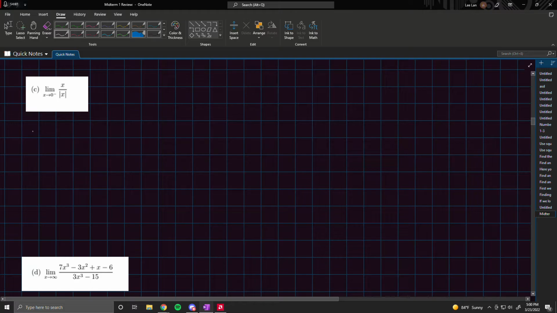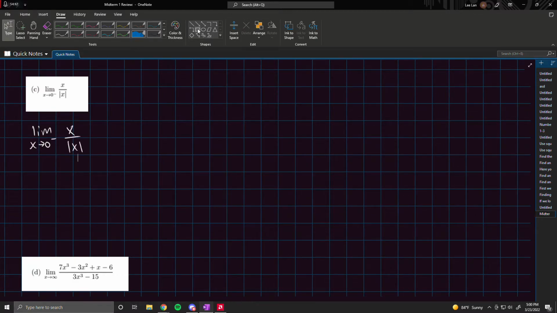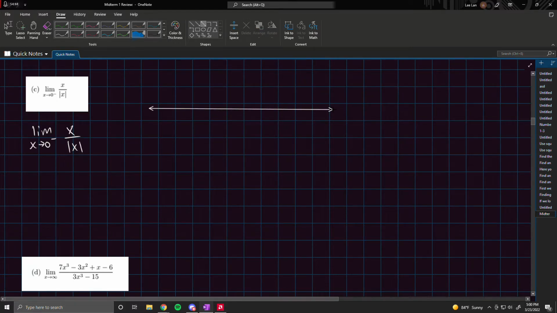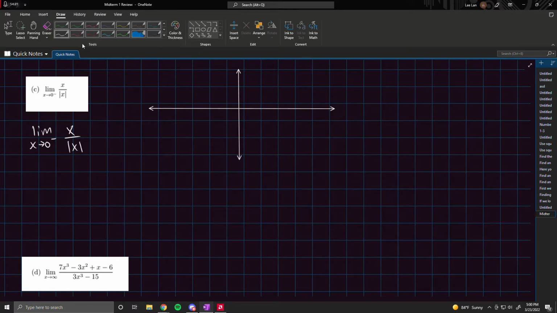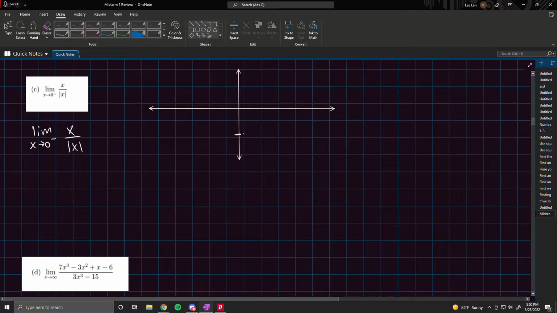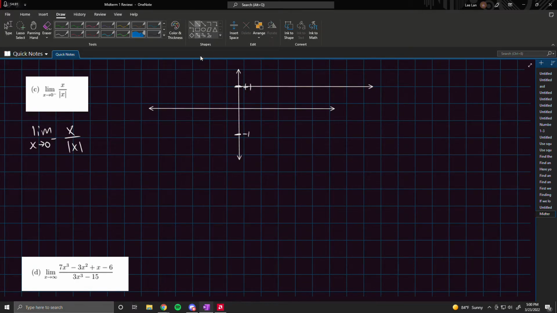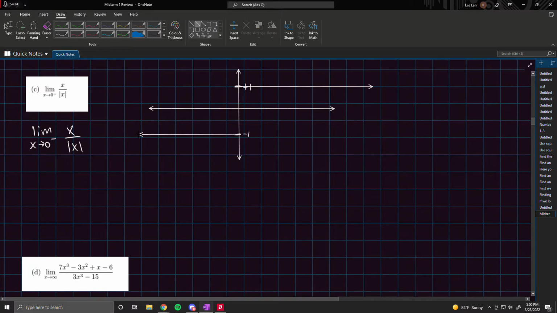Okay, so the limit as x approaches 0 from the left of x over absolute value of x. And so if you were to graph this, right here is negative 1, and up here is positive 1. You'd get a line that looks like this, sticking out, and you'd also get a line that looks like this.